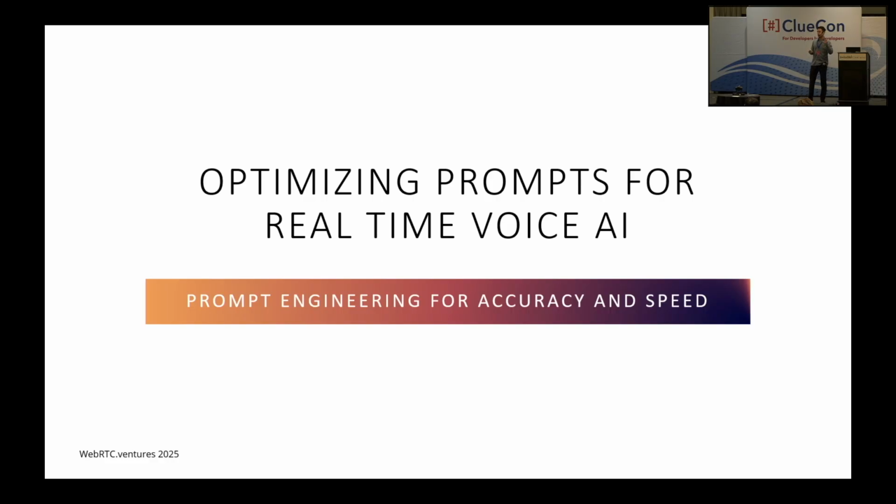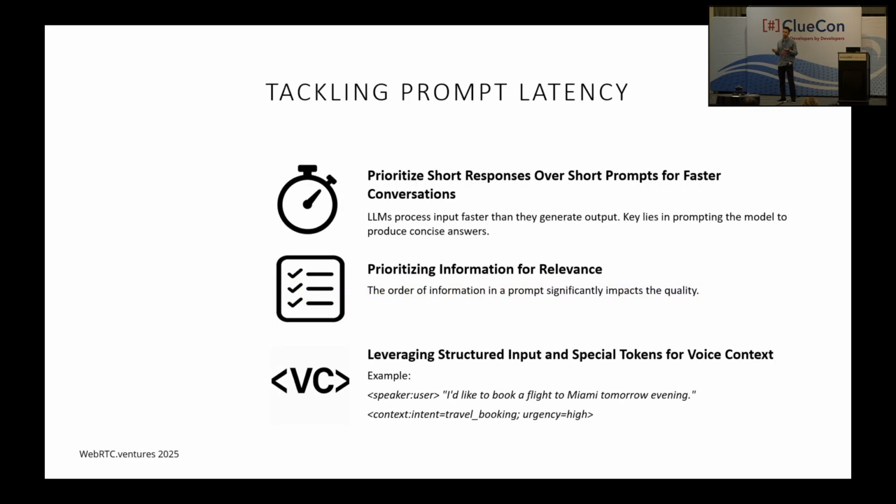But I wanted to touch on two important points, not just the architecture at a high level, but also some things that are important as well. One is optimizing the prompts. This might sound a bit obvious, but prioritize short responses, because large language models are much faster processing inputs than outputs.